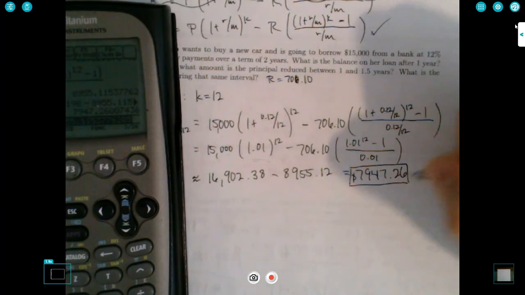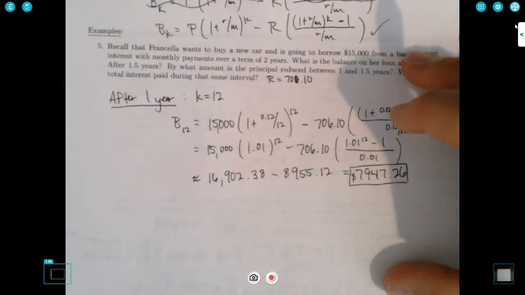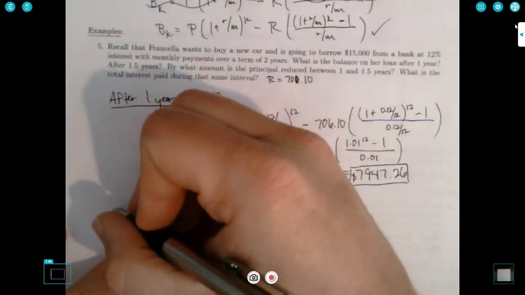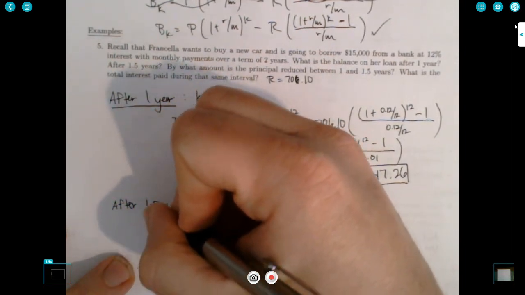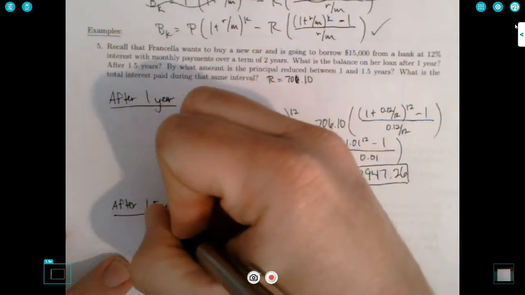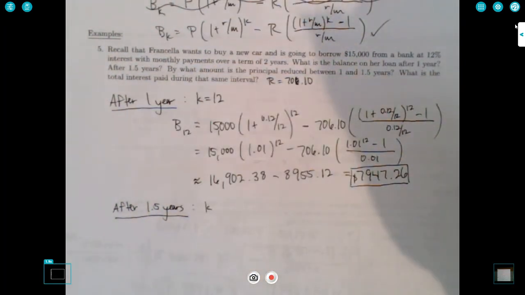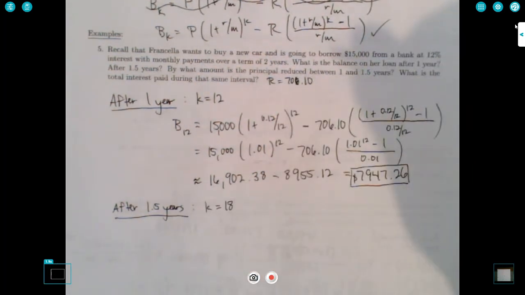Okay, so after her first year, this is how much she has left to pay off, right? So that's kind of good to know. The next question is after 1.5 years. Well, if she's making monthly payments for 1.5 years, that's 12 months plus 6 months, so 18 months. So K is 18. So she's made 18 payments, right?